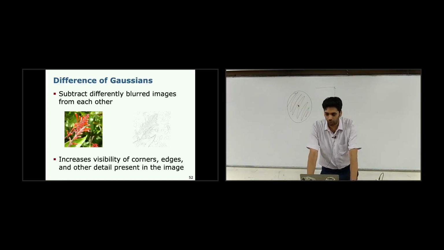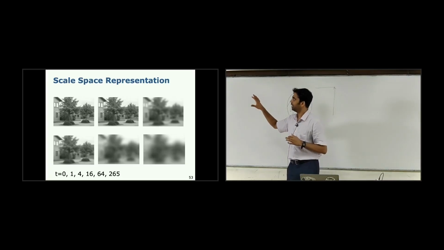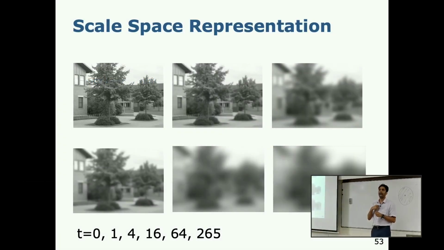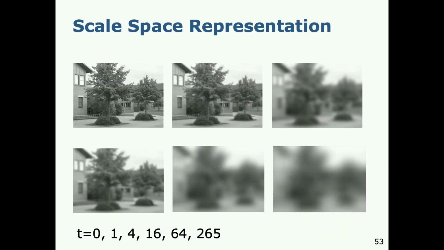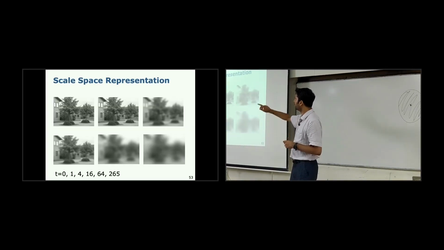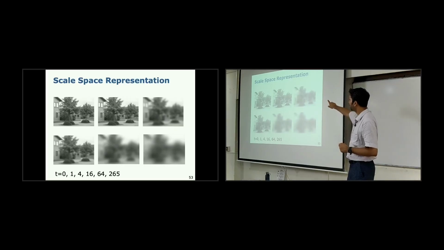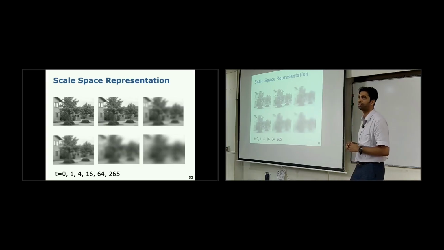So to look at the scale space representation more closely, you can look at these different blurred images. When I say adding different Gaussian blurring, that's what's happening in the two rows. On the top left is the original image. Then we have blurred it using a kernel of 1. Then we have blurred it using a kernel of 4, 16, 64, and 265.